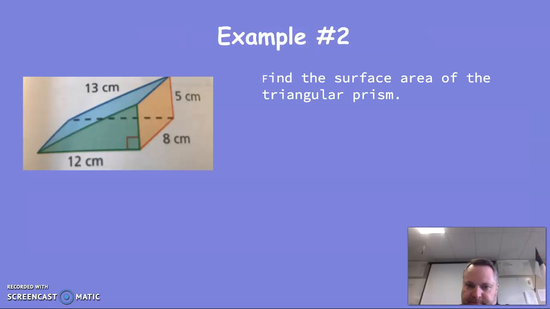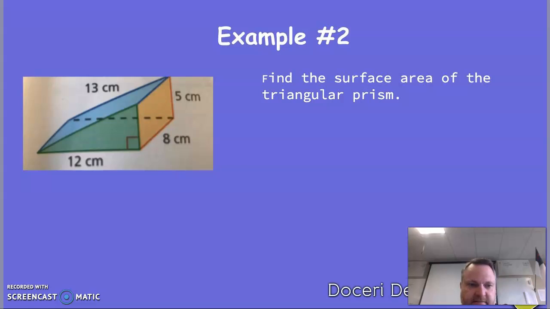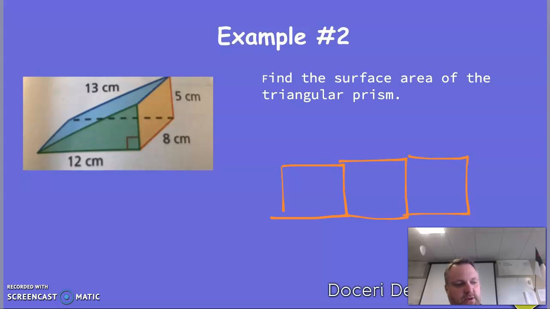So here's an example. If I have this shape, the first thing I'm going to do is unfold it. So I have my rocket ship. It's basically 3 rectangles, and then you draw your wings to represent the triangular part of it.